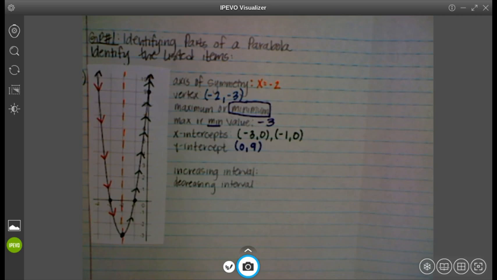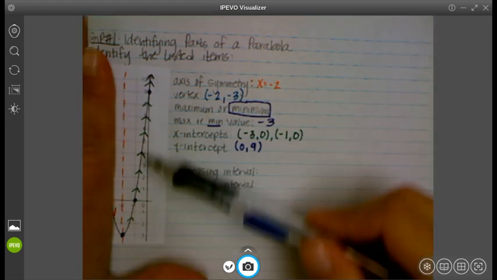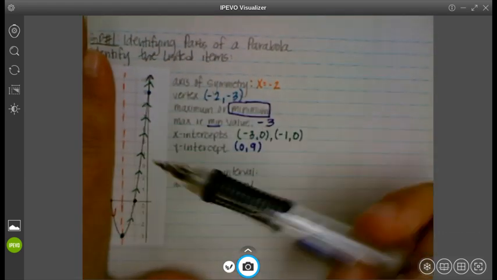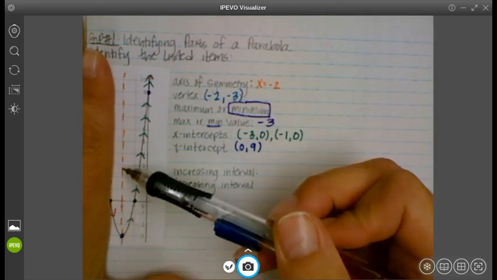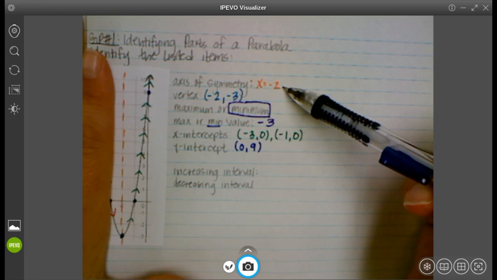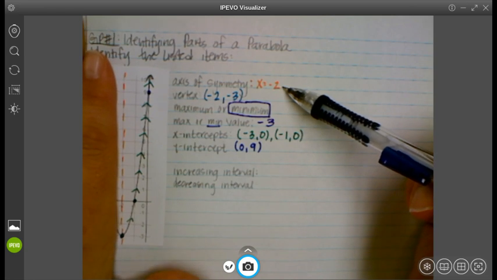So basically what we're doing here is we're taking our domain and splitting it in half. First we want to look at the right side of our domain. That starts at this value here, at the axis of symmetry, where x equals -2. It makes sense because our domain deals with our x values.